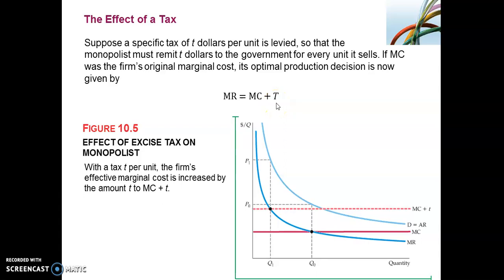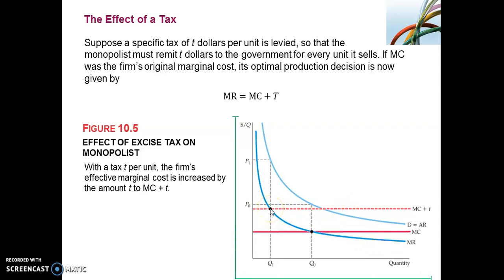So now your marginal cost increases by T. So to find the output where profit maximization occurs, we need to check the intersection of our marginal revenue, which is this curve over here, and your new marginal cost plus tax curve, which is this dashed line over here. And you can see that they intersect at this point.